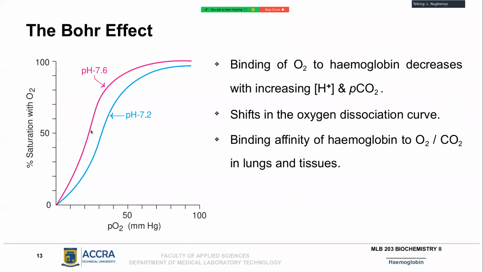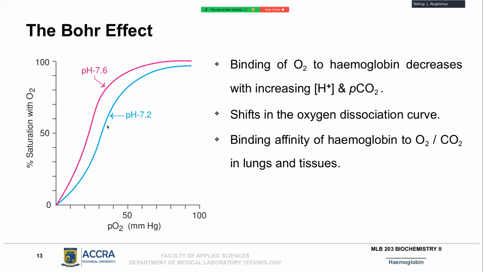Now we are comparing that same affinity for oxygen in the lungs and in the tissues, but this time looking at only hemoglobin, not myoglobin, so that we are only representing the affinity for oxygen in these two positions, in the lungs and in the tissues.